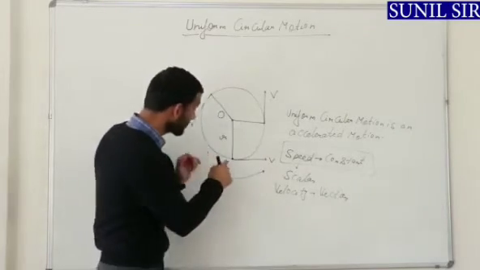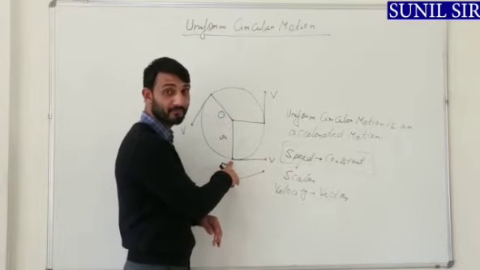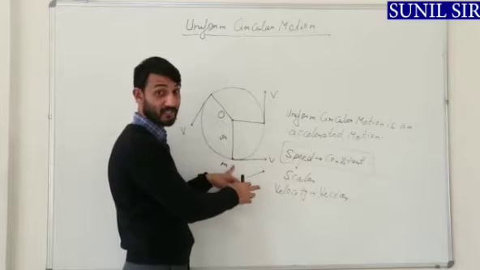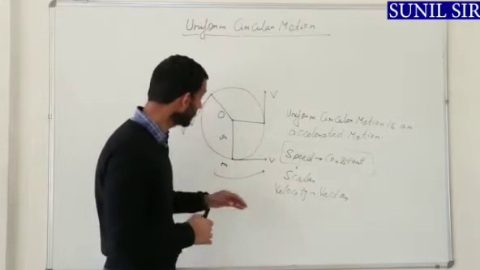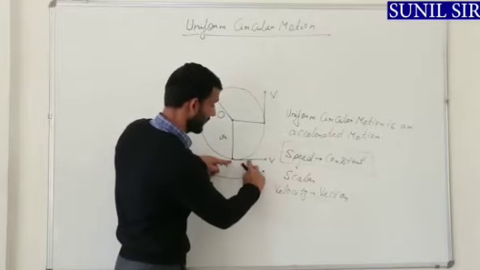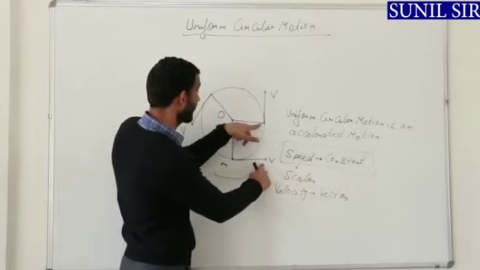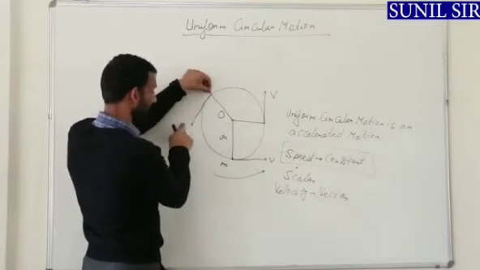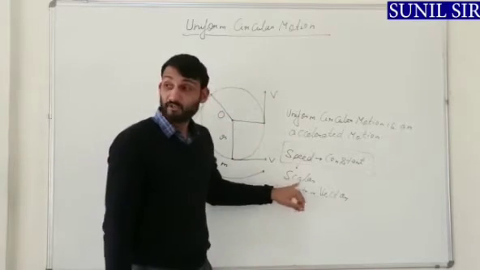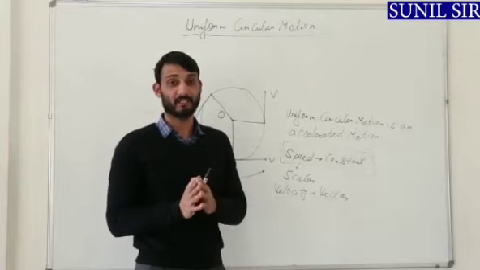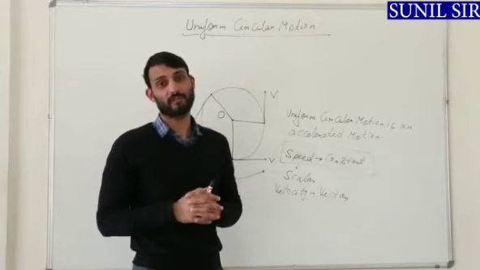If a tangent is drawn at this point, the velocity will act in this direction, which is the tangential direction at this point, and at this point the direction of the velocity will be along this tangent. At this point, the direction is changed. The magnitude of the velocity remains constant, but the direction of the velocity is changing.